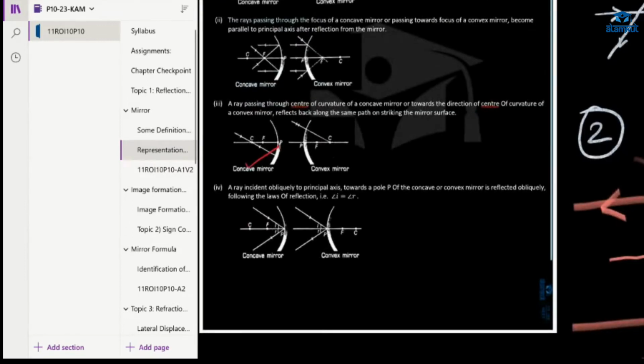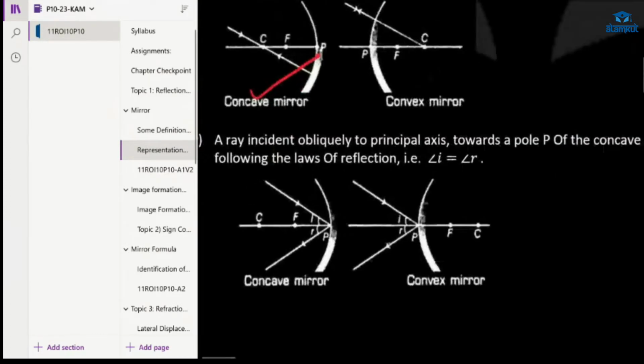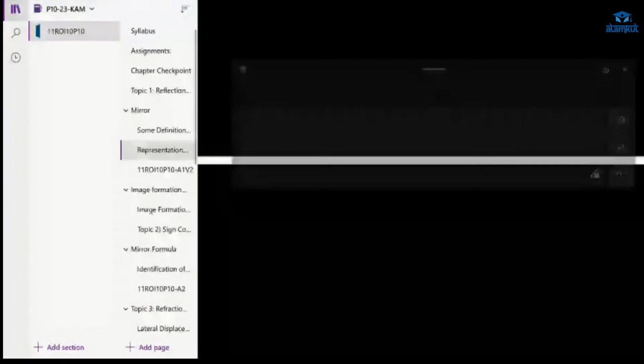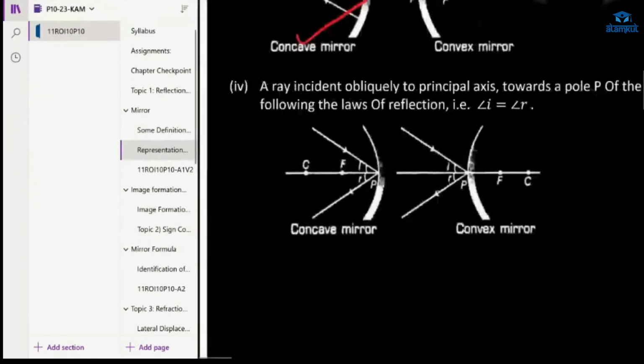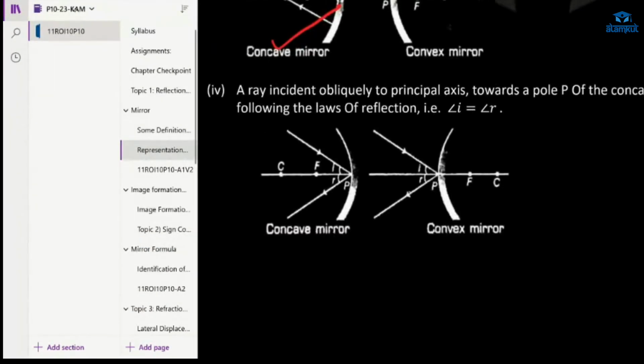The fourth one was the ray that is incident obliquely towards the pole P of the concave or convex mirror, which is reflected obliquely following the laws of reflection, that is, angle I is equal to angle R.